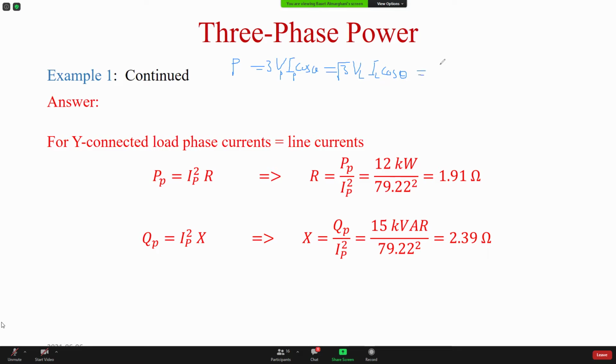Or if you have the current, it's current squared times the resistance per phase, and you're going to multiply by 3. Okay. This is the three-phase power. If you want the power per phase, it's just this divided by 3, P divided by 3.